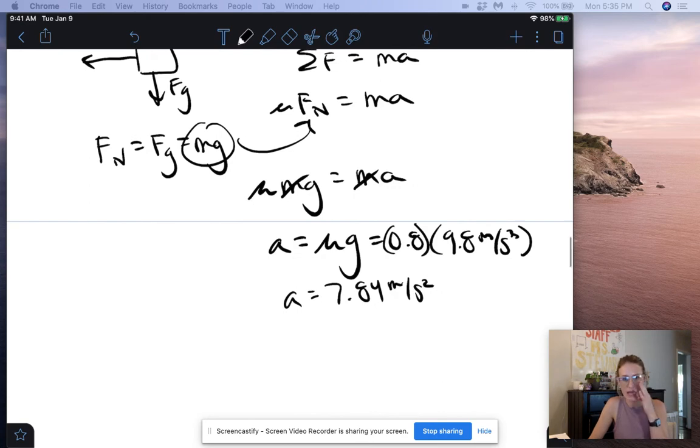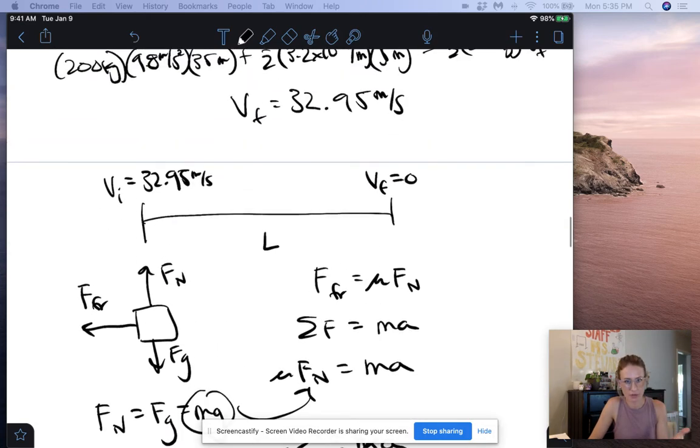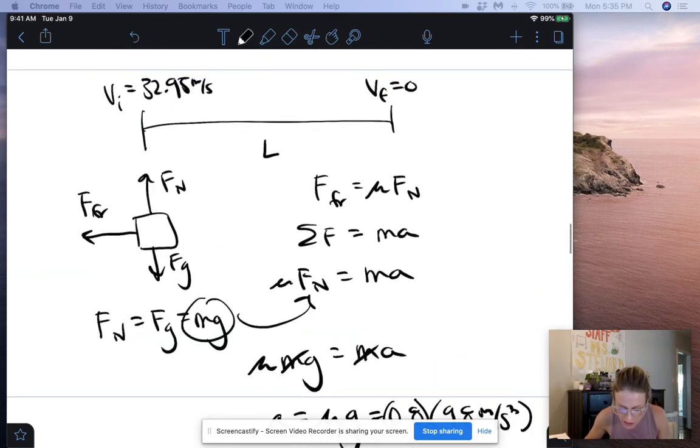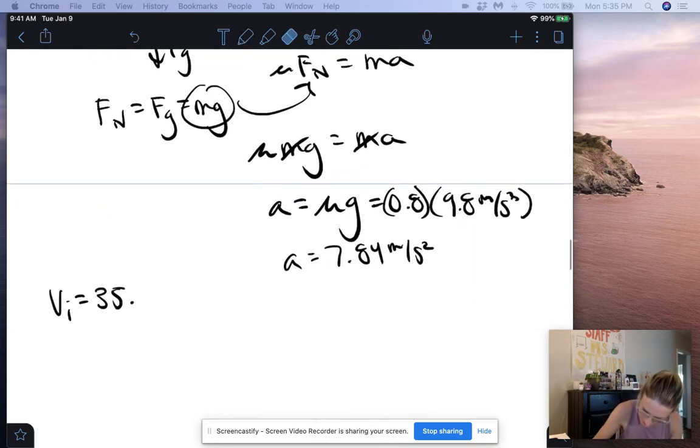And remember, in this drawing that I drew right here, the acceleration is going to be negative because we're slowing down. So now we can use kinematics in order to find our distance L. We know that the initial velocity is 32.95 meters per second, which we found from conservation of energy.